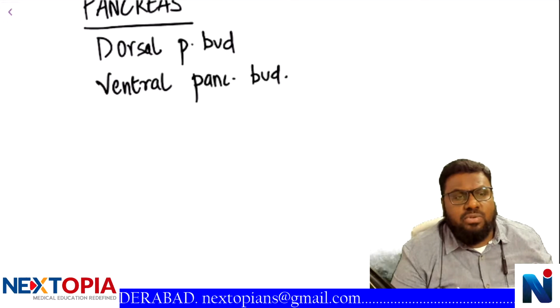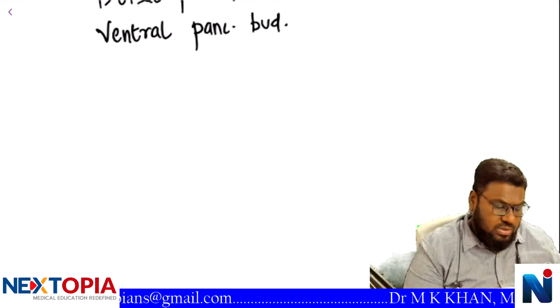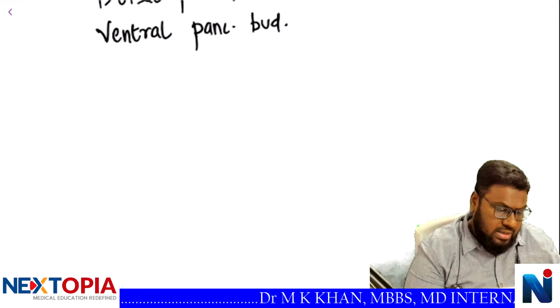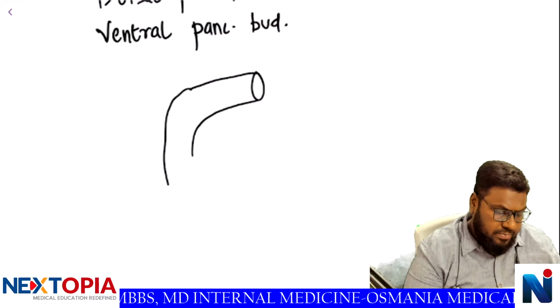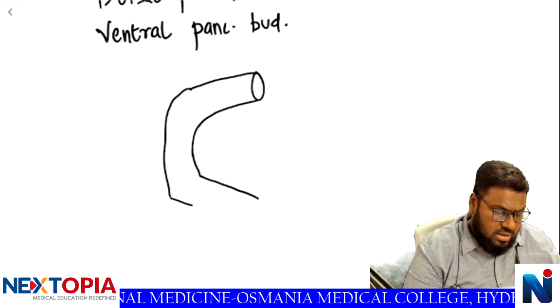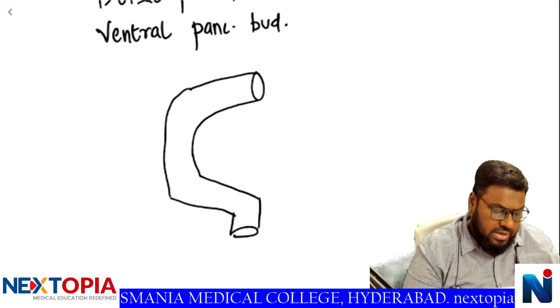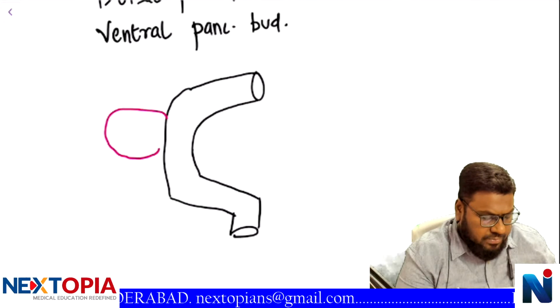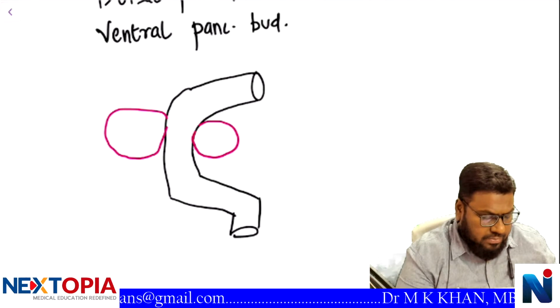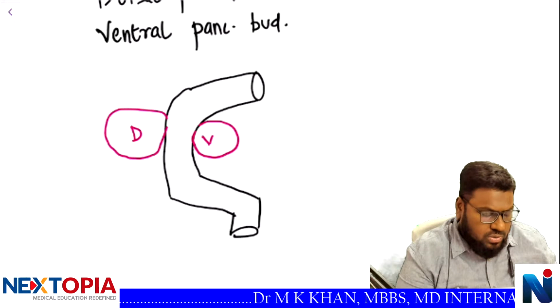So during the rotation, suppose this is the duodenum, I'll draw it like this. This is the duodenum, first part, second part and third part, and then the fourth part of the duodenum. We have a dorsal pancreatic bud here and a ventral pancreatic bud here, which I'll draw in some other color.